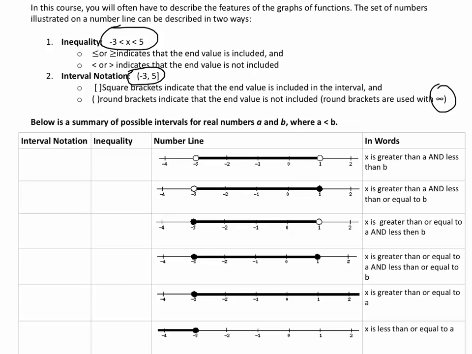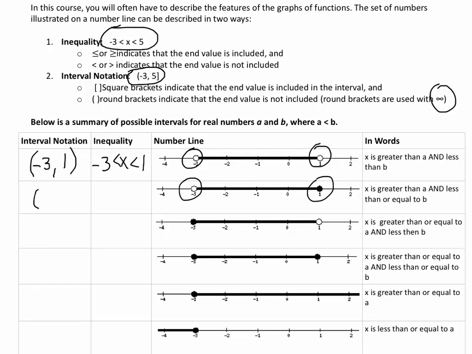Just to show you a couple of examples here, in the first one, remember, open circles on a number line mean that the number is not included. If we're going to put this in interval notation, it'd be a round bracket, -3, 1, round bracket. Or we would say -3 less than x less than 1. Here we've got open circle, closed circle.